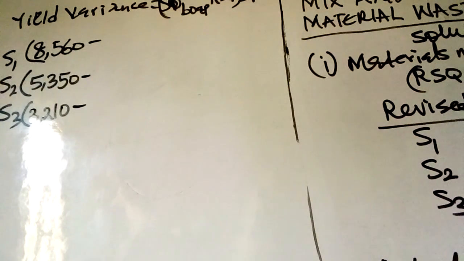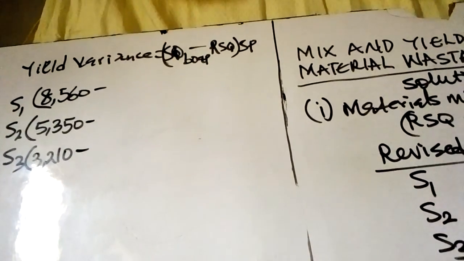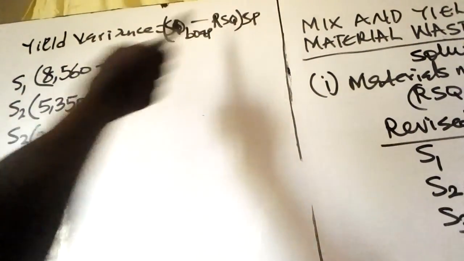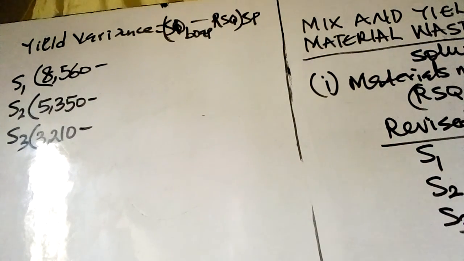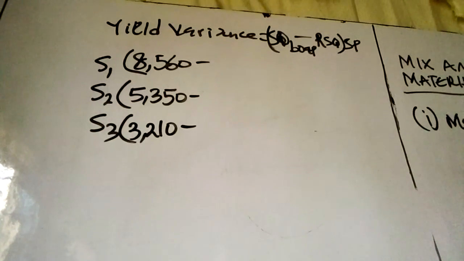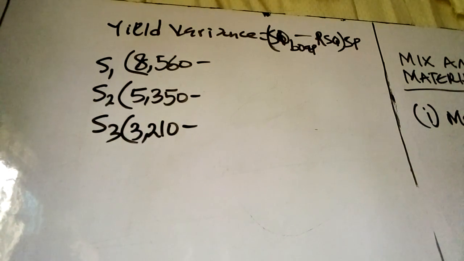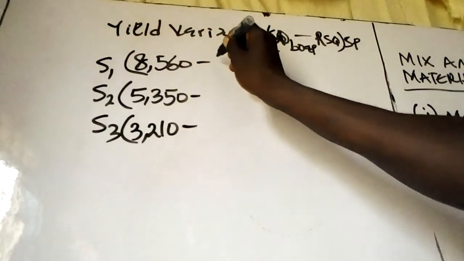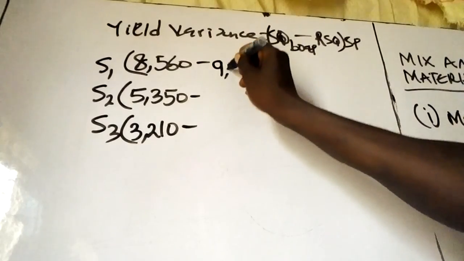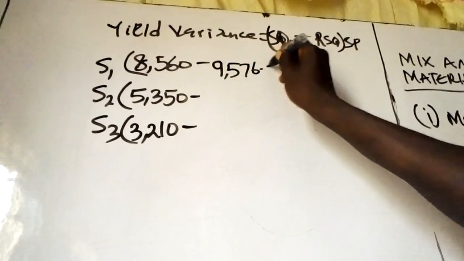Minus the revised standard quantity. Revised standard quantity as calculated for S1 is 9,576.5.